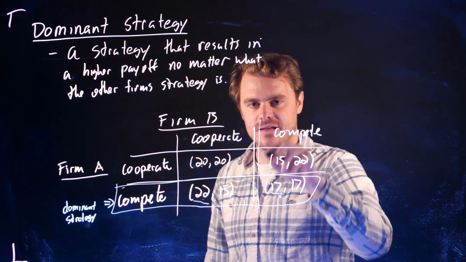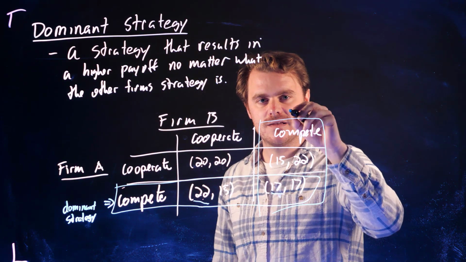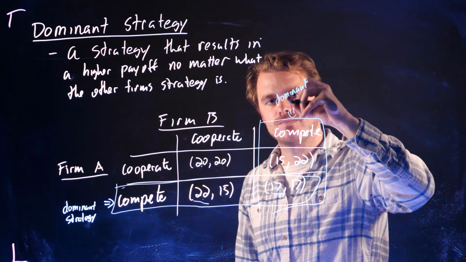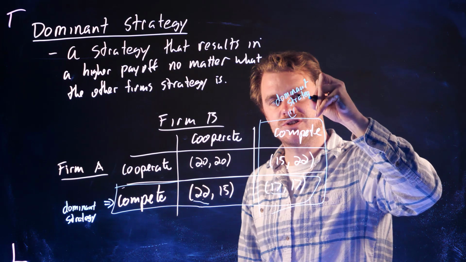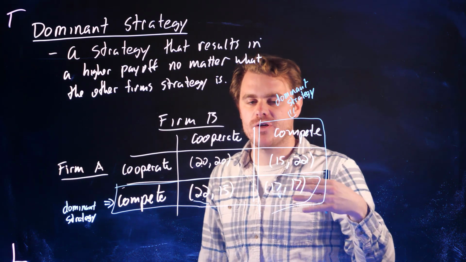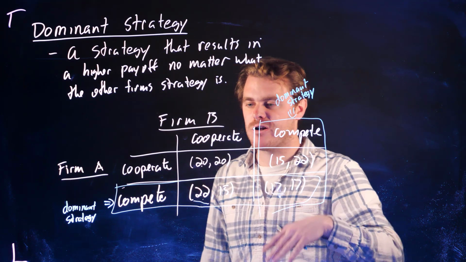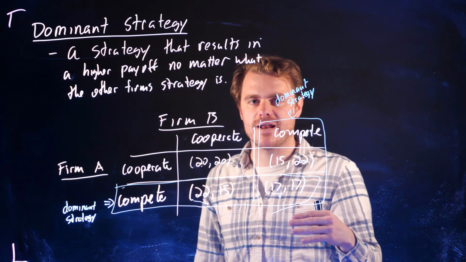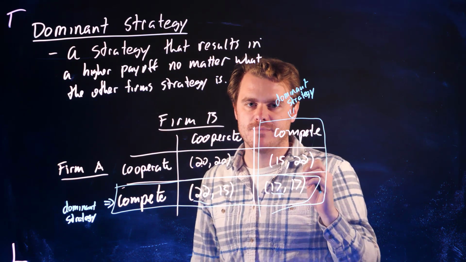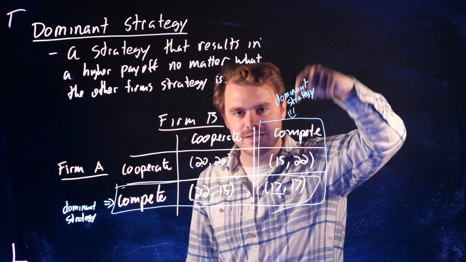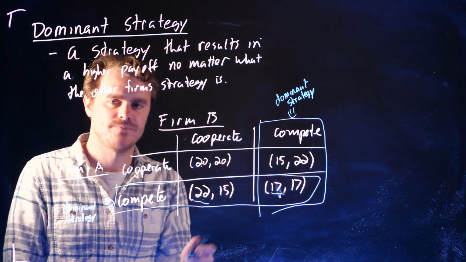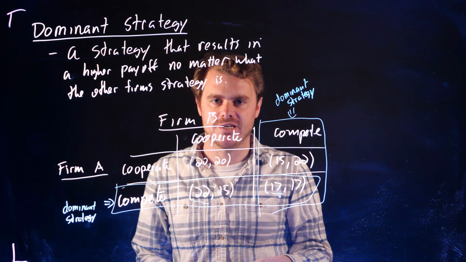And so again, for firm B, this is going to be a dominant strategy. It's the strategy we want to play, it gives us a higher payoff no matter what the other firm's doing. Firm B always gets a higher payoff from competing, and so they're always going to compete. And firm A is always going to compete. That's what a dominant strategy is.